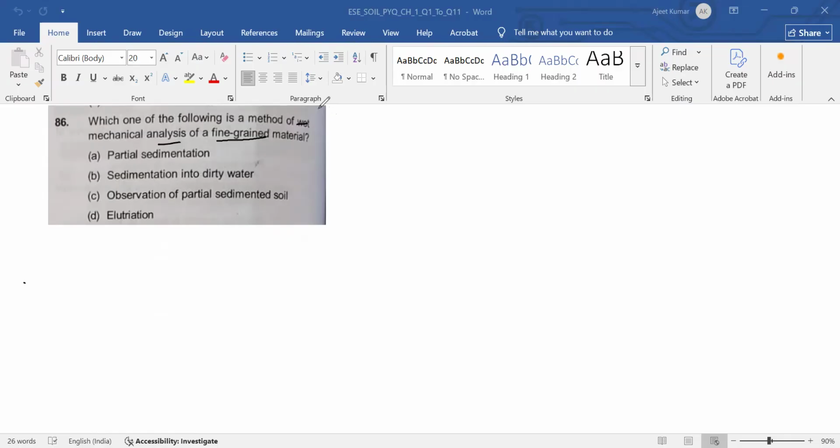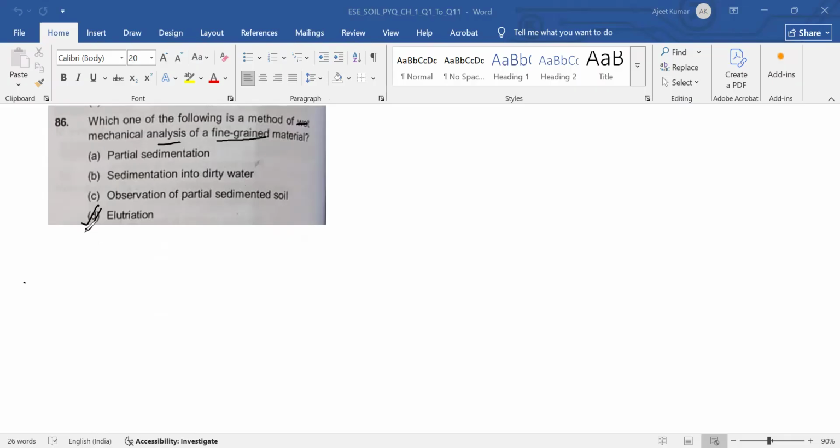These two options are not here. We have to choose the answer from the options: partial sedimentation, sedimentation into dirty water, observation of partial sedimented soil, and elutriation. So the answer will be elutriation. What is elutriation?